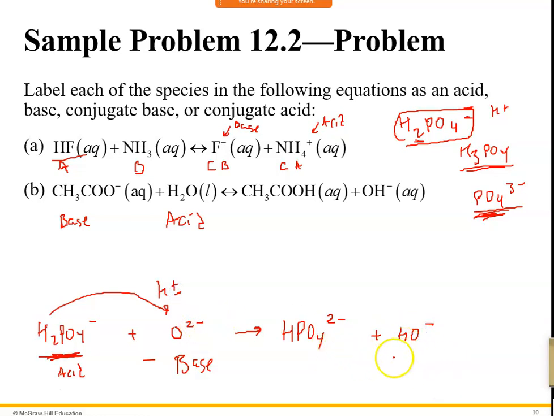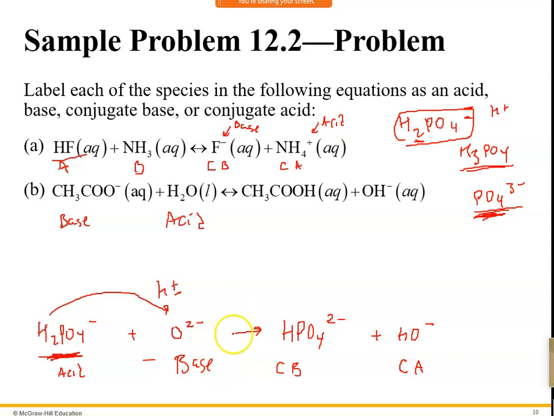So this is going to become your new molecules. This will be the conjugate base, and this, believe it or not, is our conjugate acid, which is weird to see a hydroxide as an acid, but in reality, this would not actually do it, but this is not reality. Nothing about the past several weeks is reality.